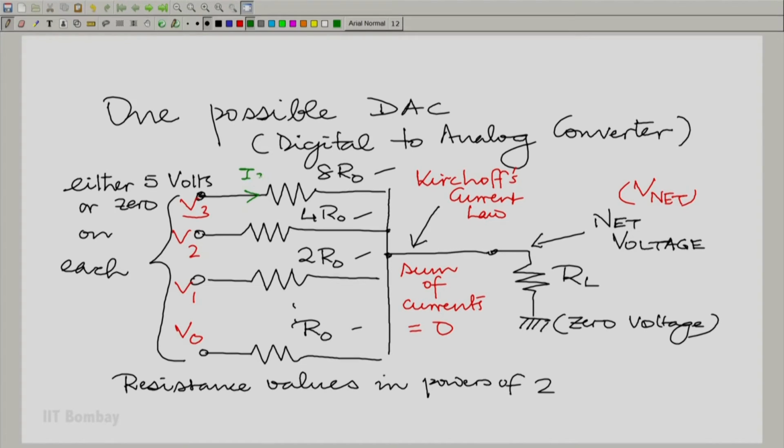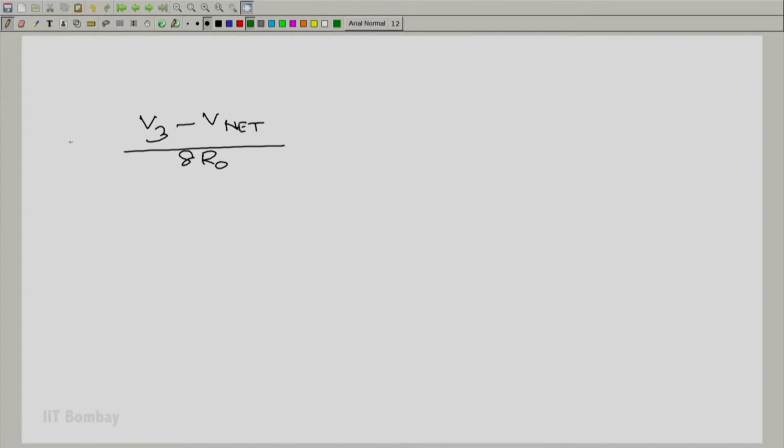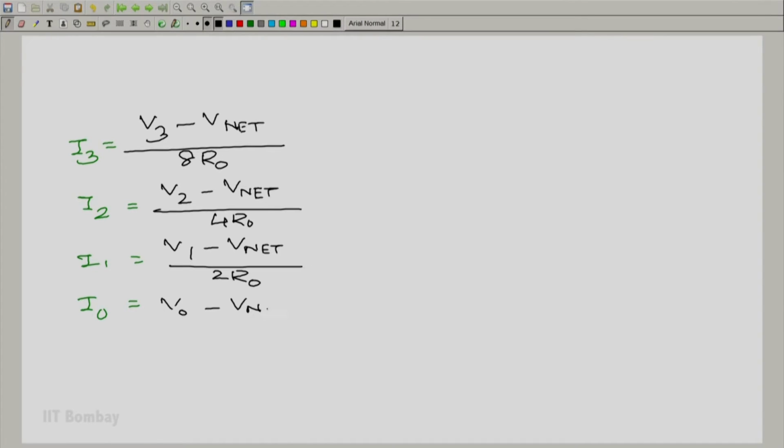Let us call this current I3, similarly I2, and let us call this current IL. Let us write an expression for all of them, one after the other. So, this is I3 here. Similarly, I2, I1 and I0. And IL is of course V net by RL.